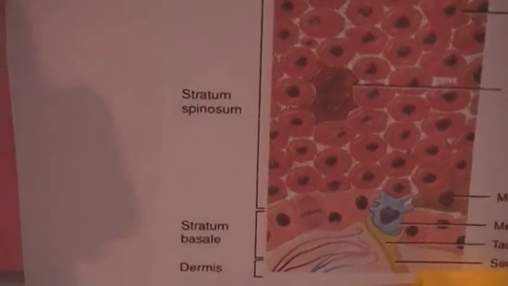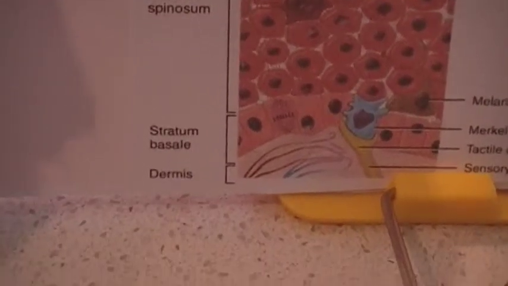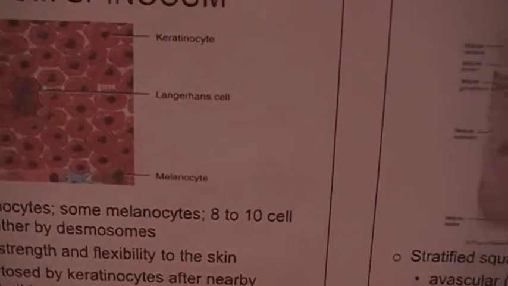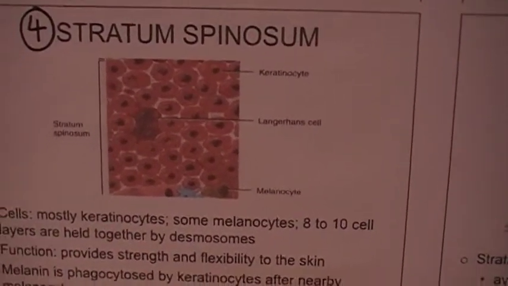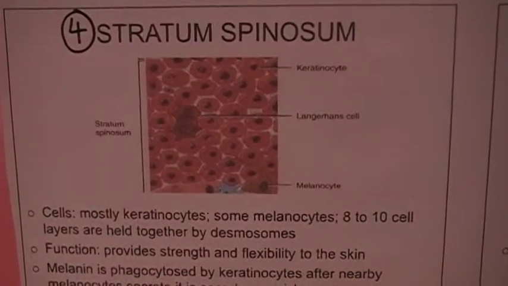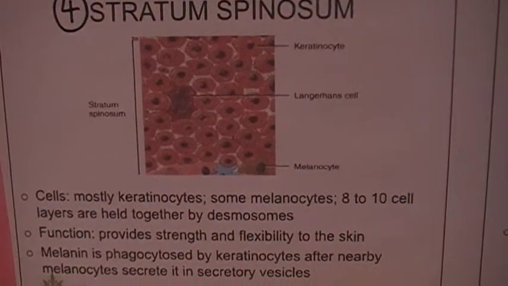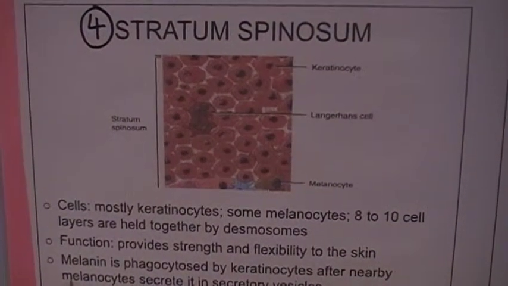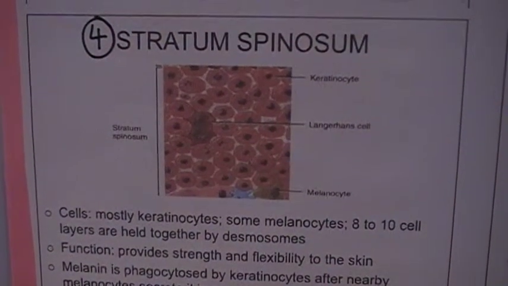Now we have stratum spinosum and stratum basale. Stratum spinosum has 8 to 10 cell layers held together by desmosomes, mostly keratinocytes.